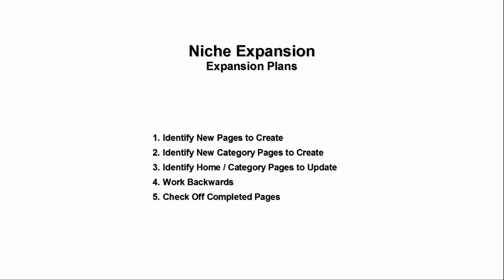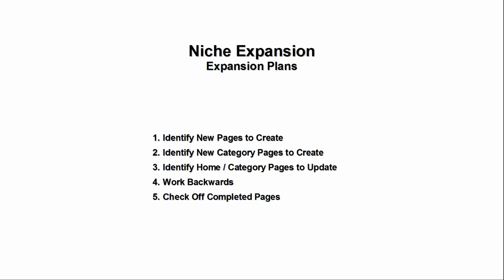So once you have a list put together of all of the changes that you're going to need to make here, the next thing I recommend is to simply work backwards with everything that you're going to be doing here.